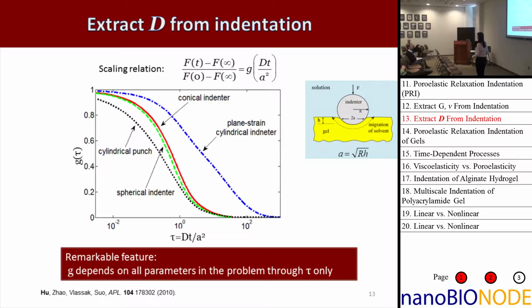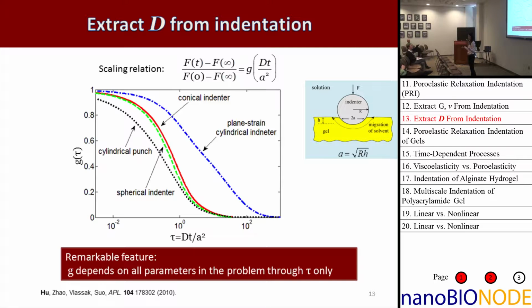It doesn't depend on any other non-dimensional quantities, not even Poisson's ratio, right? That means each curve here is a master curve. It only depends on the shape of the indenter that you use. That's a very important conclusion. And this was derived by using finite element calculation.